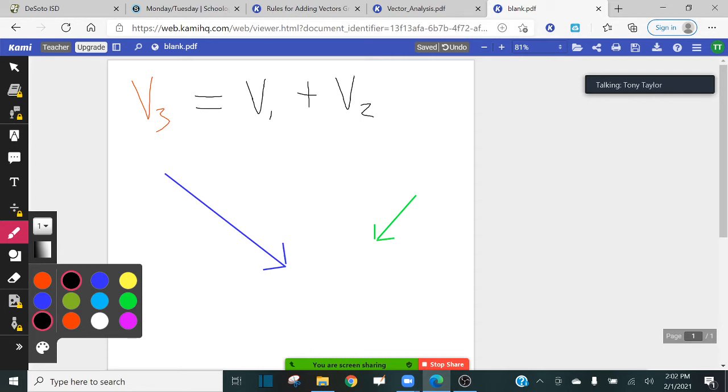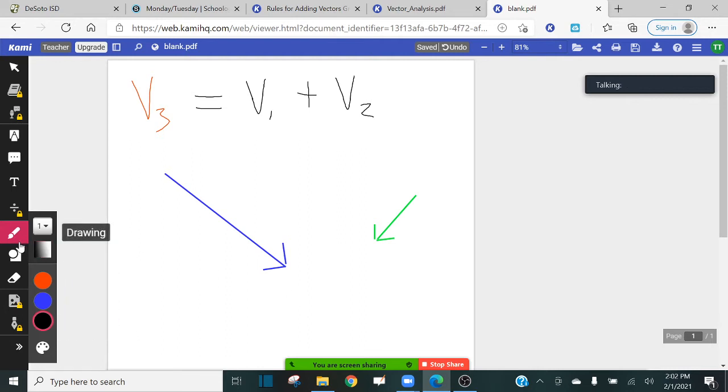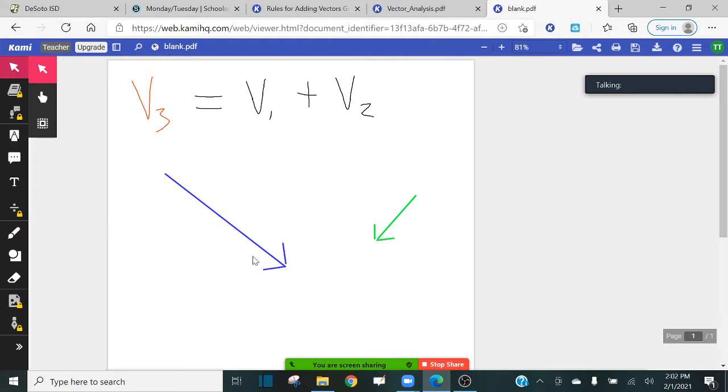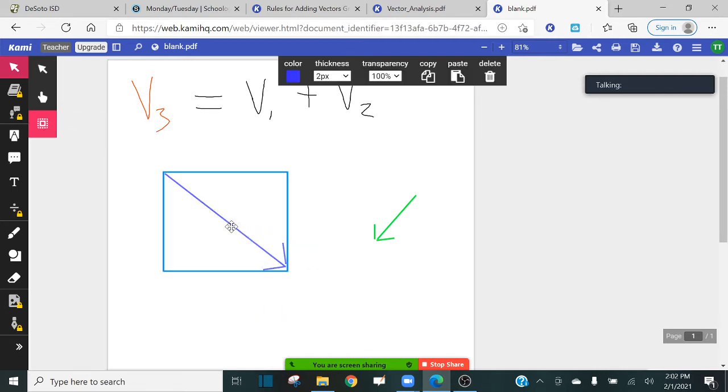So remember, guys, step one says to combine your vectors together like in a chain. In other words, link them together. You want to link them together head to tail. So let me ask you guys a question.